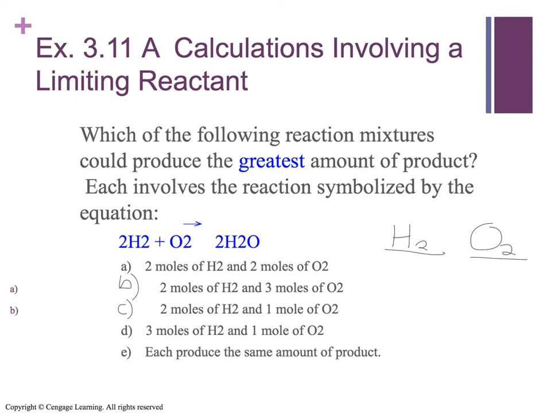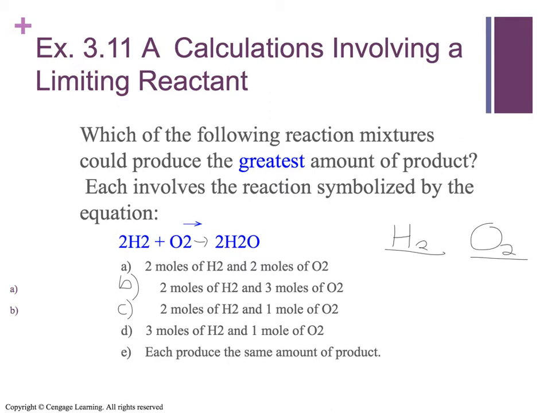And we're just comparing them to the product. I'll put that arrow back down here. Realizing that 2 hydrogens make 2 H2Os, so it's a 1-to-1 ratio for the product, but every 1 oxygen is going to make 2 H2Os.